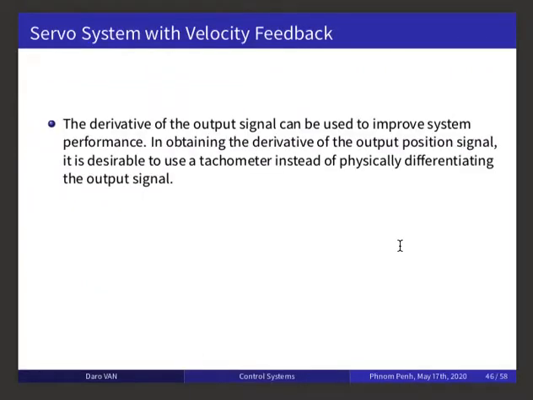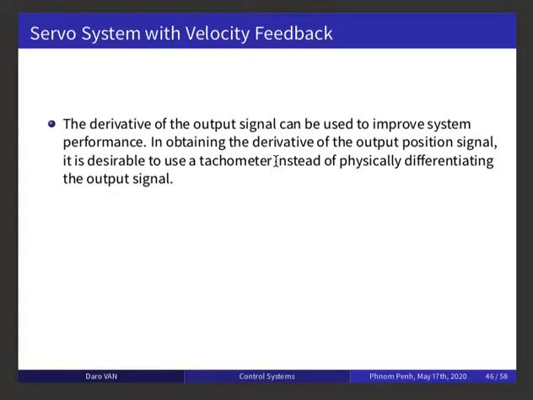For the control system, the derivative of the output signal can be used to improve the system performance. In obtaining the derivative of the output position signal, it is desirable to use tachometers instead of physically differentiating the output signals.